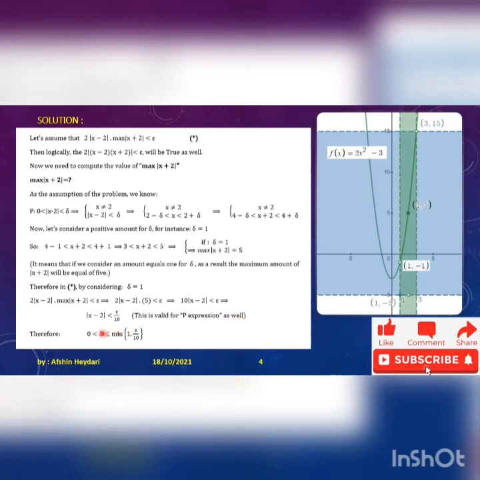We consider 1 for delta as the assumption here. Delta equals epsilon over 10 by this condition, when delta equals 1.